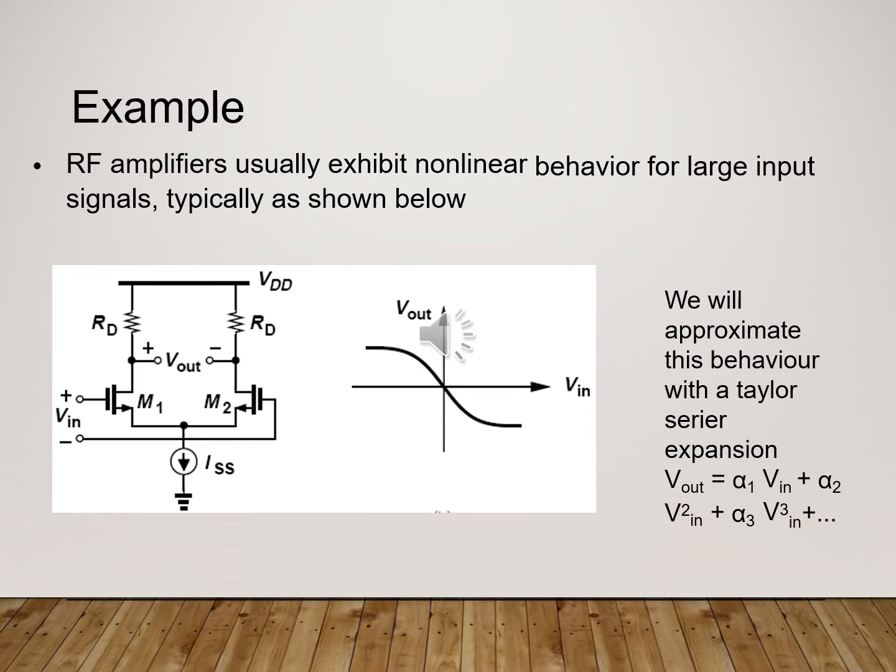So the gain will be changing, depending on the V inputs. So we will approximate this behavior with a Taylor series expansion, as we see in the previous slide.